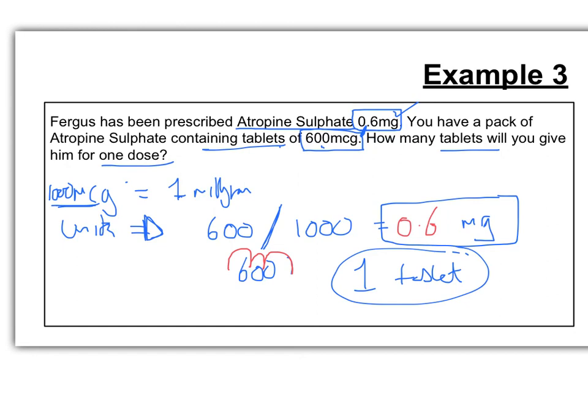Now if it was different, for instance if Fergus needed 0.9 milligrams, what would I do then? I would give him 1.5 tablets, because one tablet has 0.6, and then I need 0.3 to get up to 0.9, and that's half a tablet.